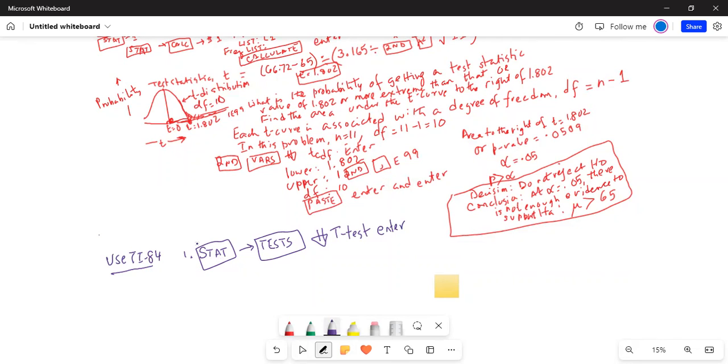So first line for t-test, input should be data. Data, because we have entered the data in L1. So bring the cursor on data and hit enter.